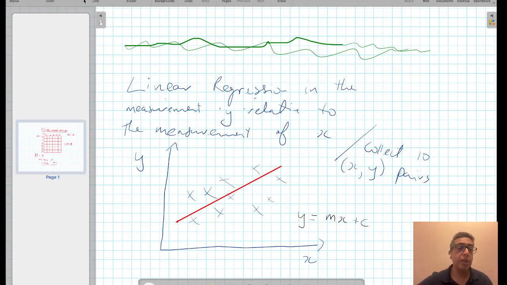So this thing here describes that line. So y is equal to mx plus c. So m, of course, is the slope of this line, and c is, of course, the intercept of this line. So I'm sure you all remember that. But I'm just reminding you to make a point here.